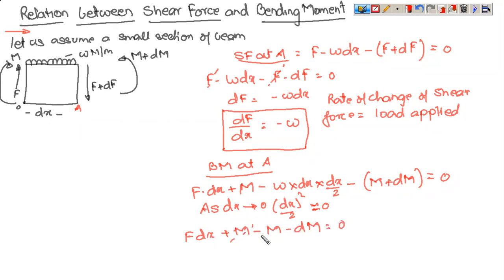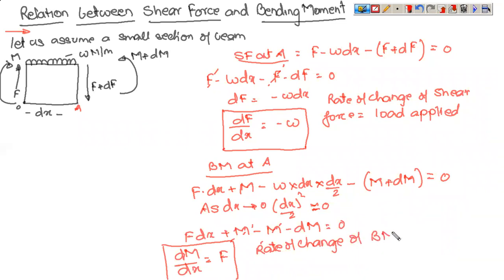So this M and M cancel out each other. So this can be written as dM by dx is equal to force. Now this F is shear force. This statement says that the rate of change of bending moment is equal to the shear force.